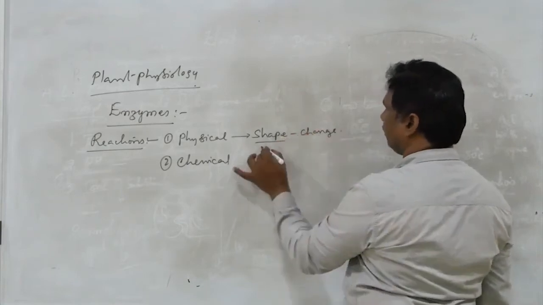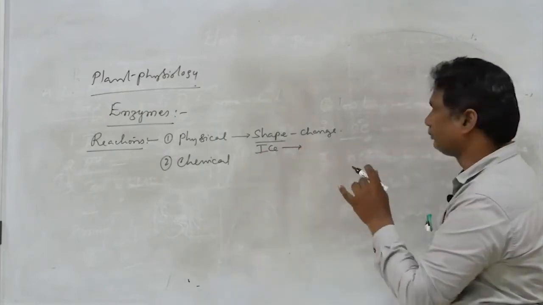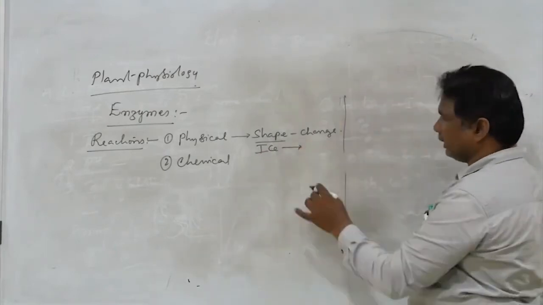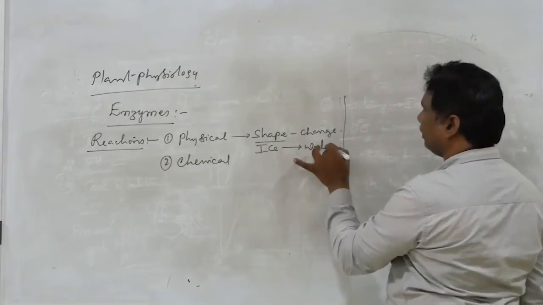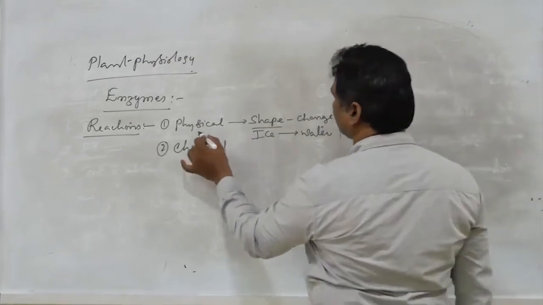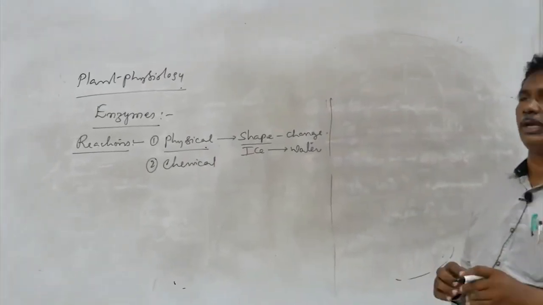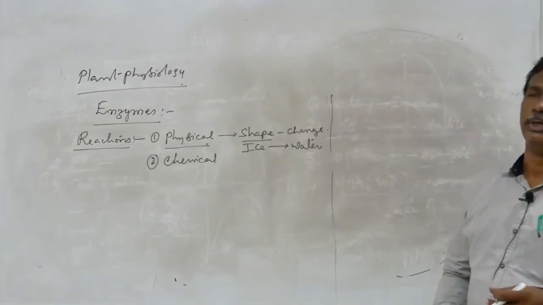For example, ice converting into water is simply a physical change. In a physical change, there is no breaking or making of chemical bonds.